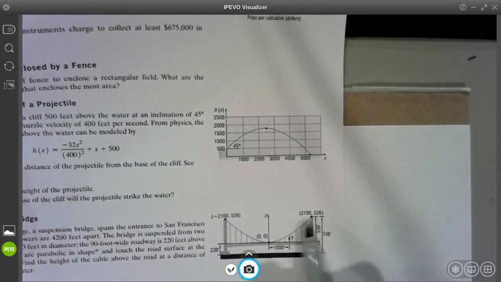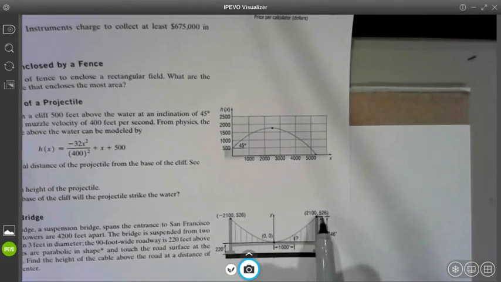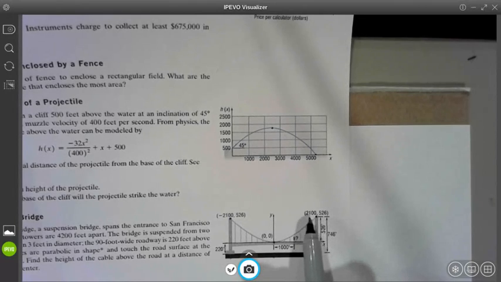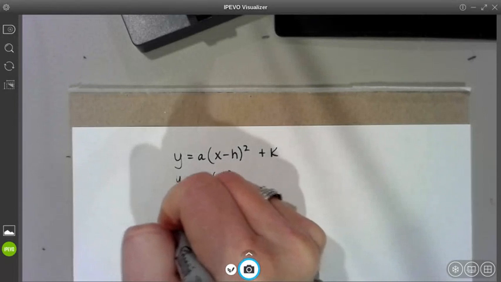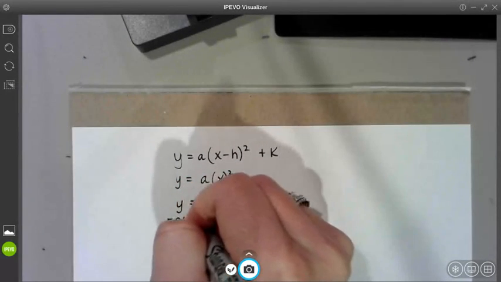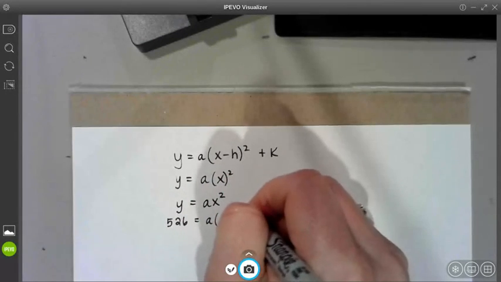I do know these 2 points on the parabola. So I'm going to use this one, 2,100, 526, and I'm going to plug it in as x and y to solve for my a value. So 526 equals a times 2,100 squared.